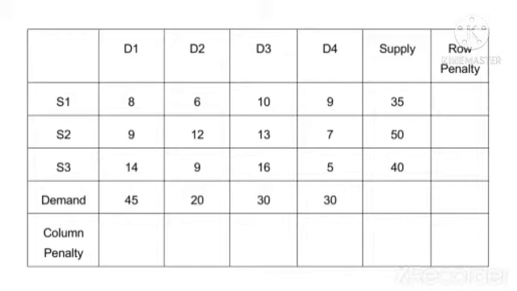We are going to find out the row penalty and the column penalty for every row and every column. To get the row penalty and the column penalty, we need to find the least and the second least value of every row and every column.